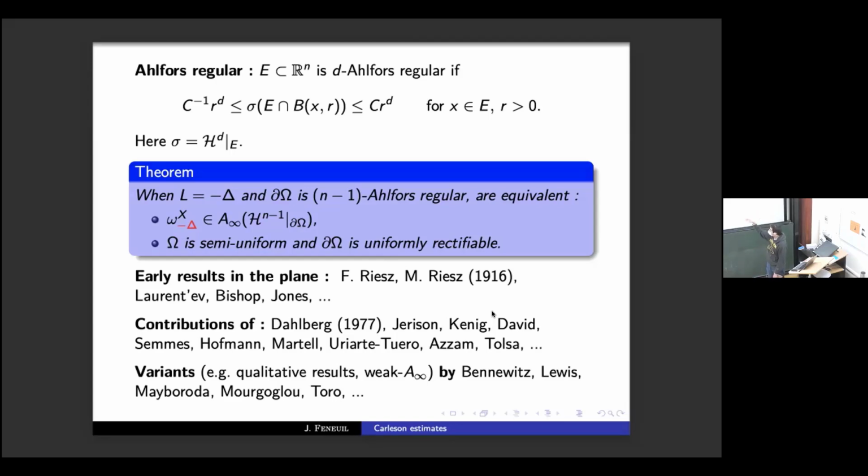And we say that the boundary is Ahlfors regular of dimension n-1. And I hope I'm not mistaken, but the A infinity condition on the surface measure, when the operator is a Laplacian, is equivalent to the fact that the domain is semi-uniform and the boundary is uniformly rectifiable.